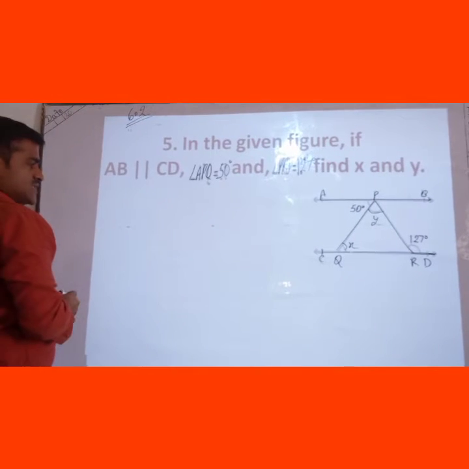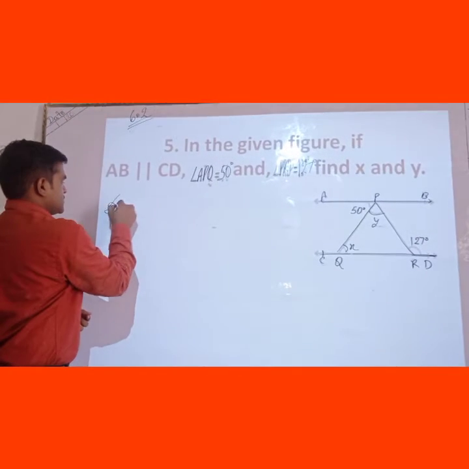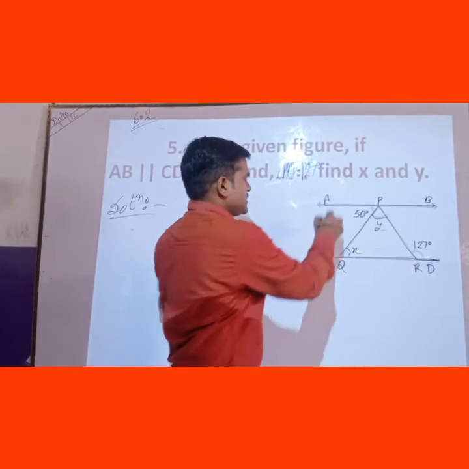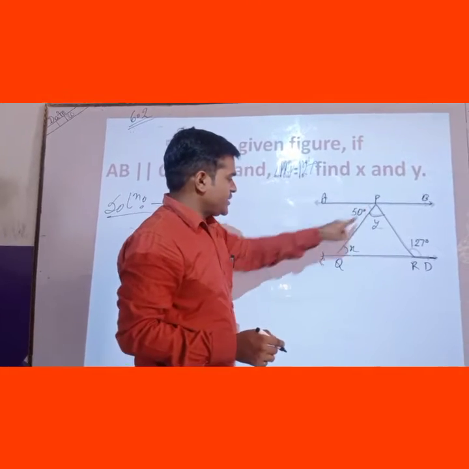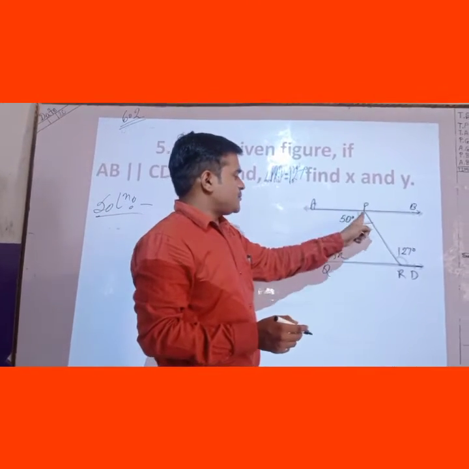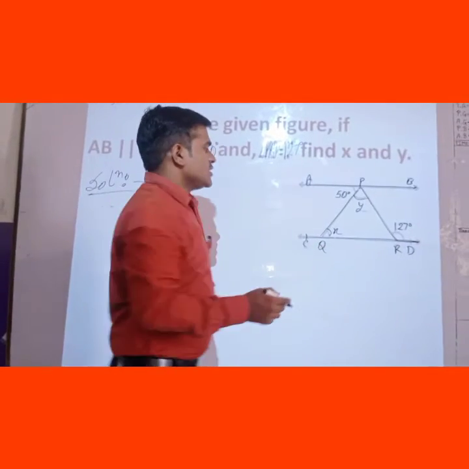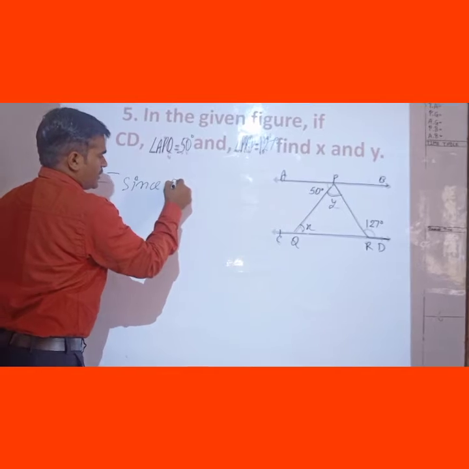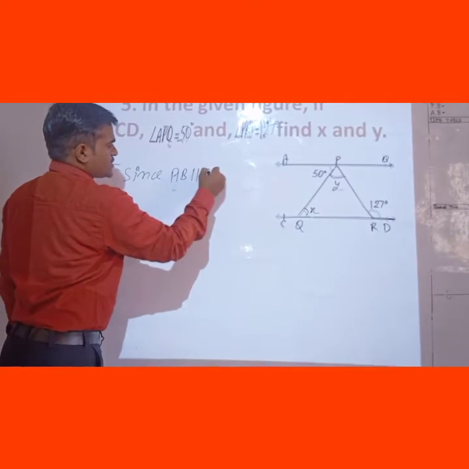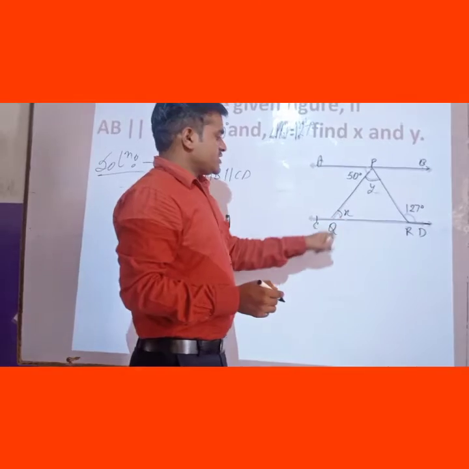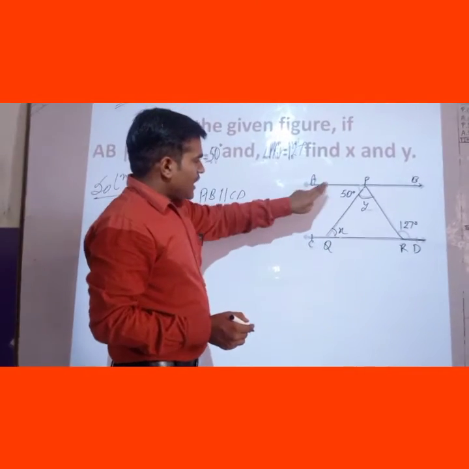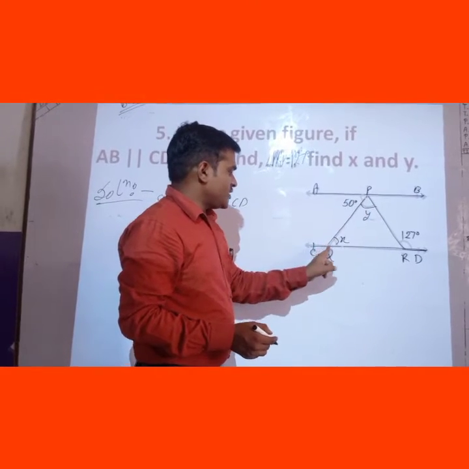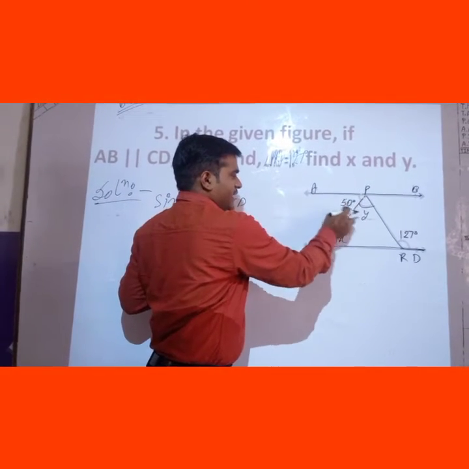Since AB is parallel to CD, it is already given. So let's see its solution. If AB is parallel to CD, then PQ is a transversal as well as PR also a transversal. So children, since AB is parallel to CD, PQ is the transversal. So angle APQ is equal to angle PQR by alternate angles.